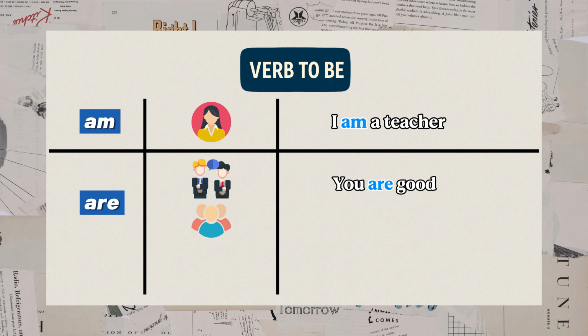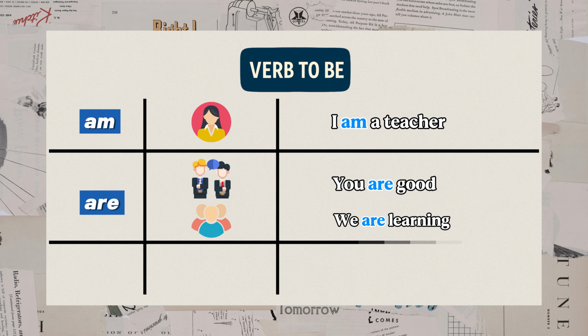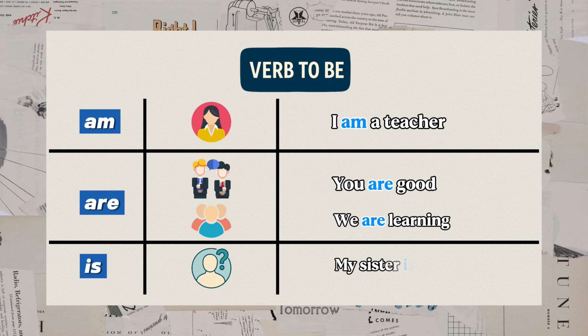For example, we are learning. So are is our verb to be here. And our last verb to be to talk about the present is is. We use is to talk about someone or something that is not here. For example, I can say, my sister is a doctor. So my sister is not here, so we use is as our verb to be to talk about her.